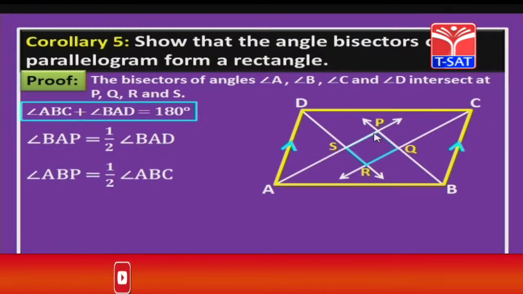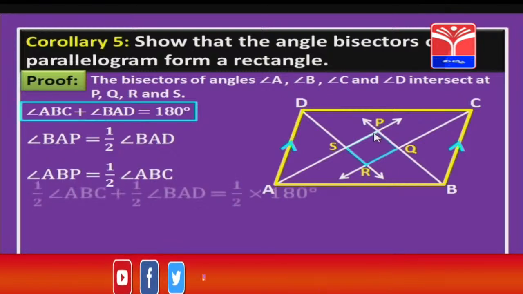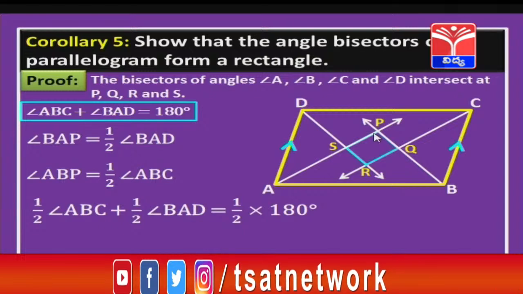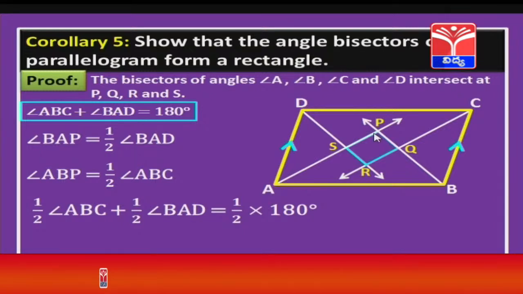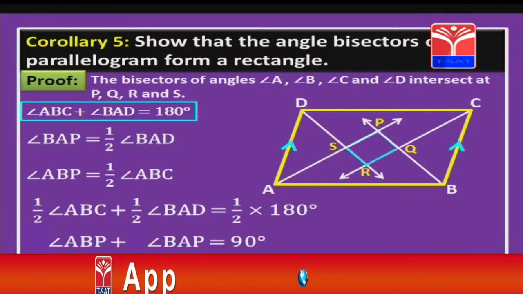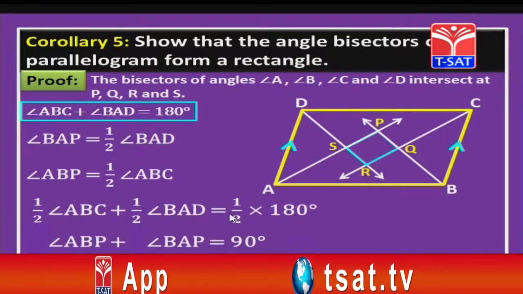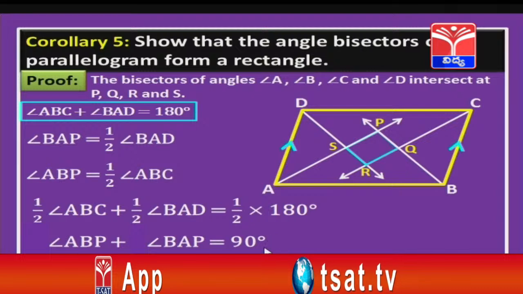So, angle ABC plus angle BAD is 180 degrees. Now, can I write half of ABC plus half of BAD is half into 180? I am multiplying by half on both LHS and RHS. ABP plus BAP is equal to half of 180, which is 90 degrees.